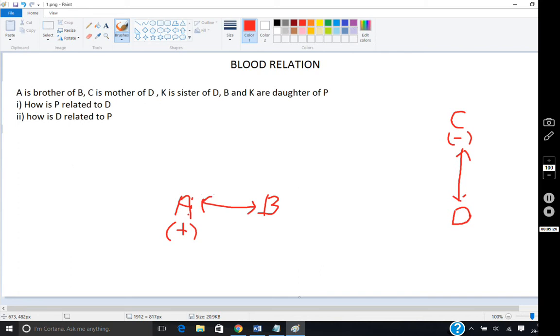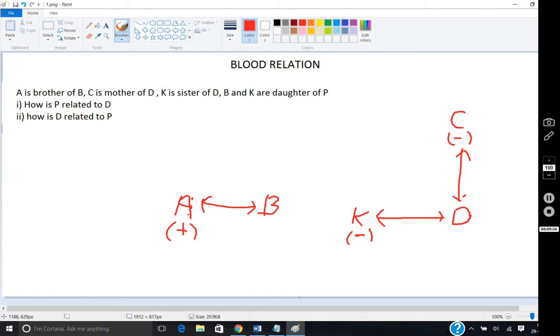K is sister of D. So K and D will be siblings. As K is a sister, we will mention minus sign here.